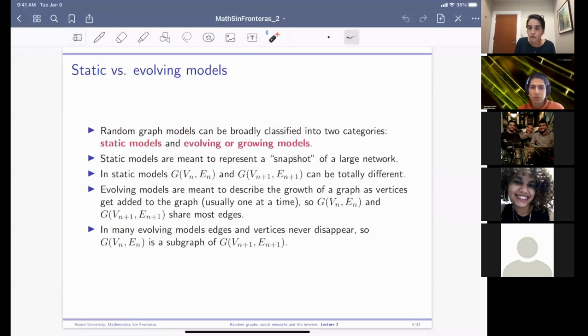The idea of evolving models is that they're trying to explain not only the properties of the graph at a snapshot, but also how exactly that graph came into being. Why is it the way it is? Why does it look the way it looks?